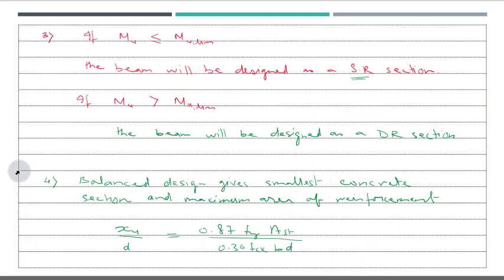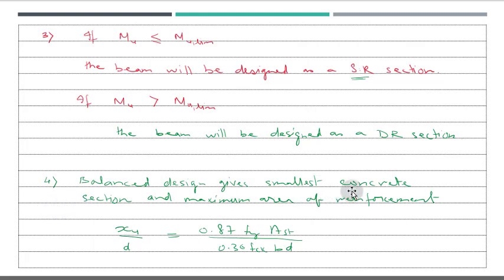Next, now if you find applied ultimate moment less than limiting moment carrying capacity, then the beam will be designed as a singly reinforced section. If it is more than limiting moment carrying capacity, the beam will be designed as a doubly reinforced section. You have to remember that if you are designing a balanced section, it will give you the smallest concrete area, while that will correspond to maximum tension reinforcement.